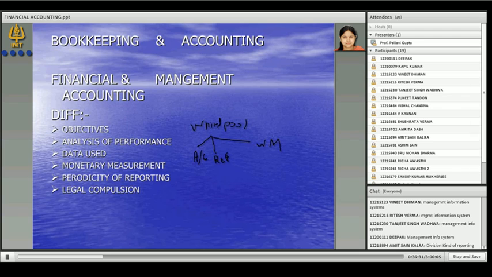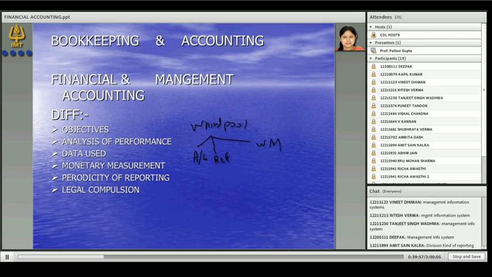Data used. In the case of financial accounting, data is based on historical data. That is, whatever happens, we capture that, and on the basis of that we prepare the profit and loss account and balance sheet. While management accounting may be based on historical data or on projected data, right?